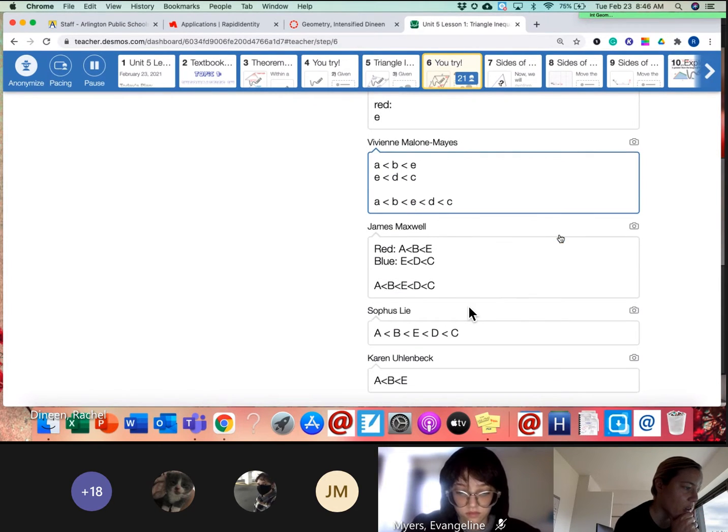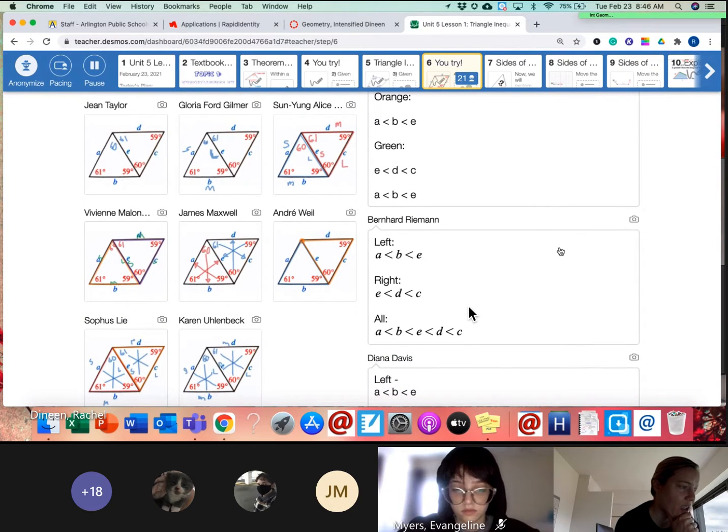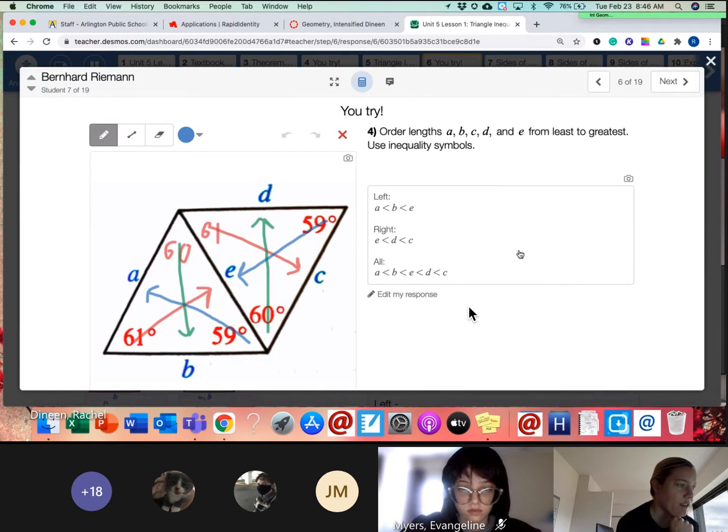All right. It looks like a lot of you got it, and that's awesome. I really like how Bernard did this. So the left triangle, the shortest side was A, then B, then E. And the right triangle, the shortest side was E, then D, then C. And so when you combine them, you see that they both have E, and so you can combine them at E. Sometimes two of them overlap.